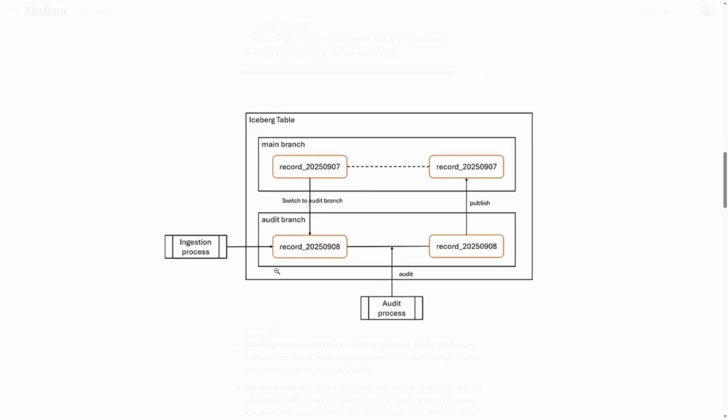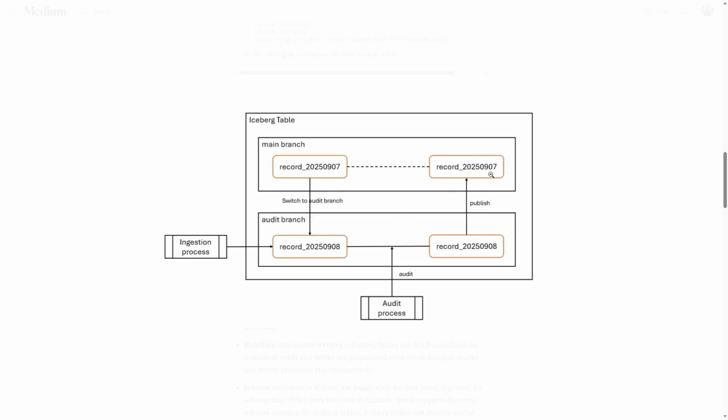And this is the flow: the ingestion process will load data. First we will have the Iceberg table, and then we have the main branch which has, let's say, a record as of 7th of September 2025, and by mistake this should be 8th, because we will be publishing this as the new record.